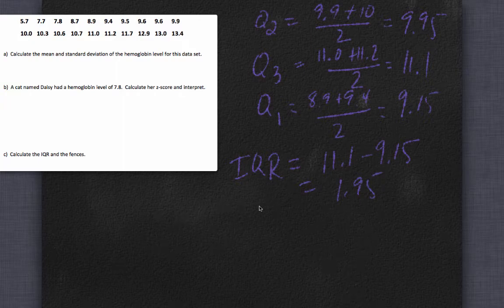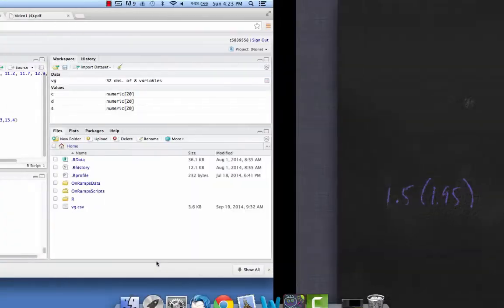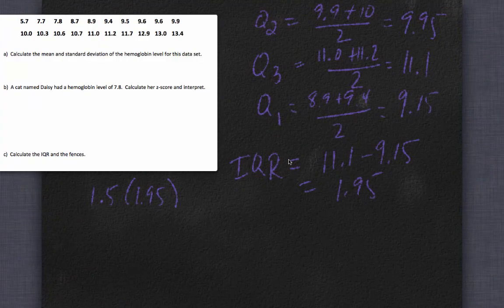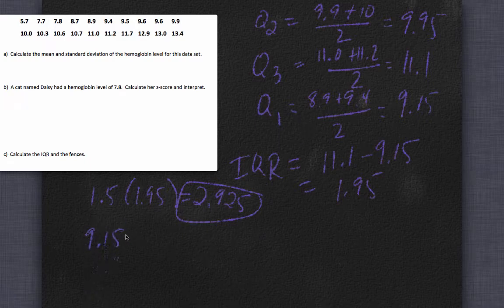And that means that the amount that we go out from either side is 1.5 times 1.95, which is 2.925. So we're going to start at Q1 and subtract that much.